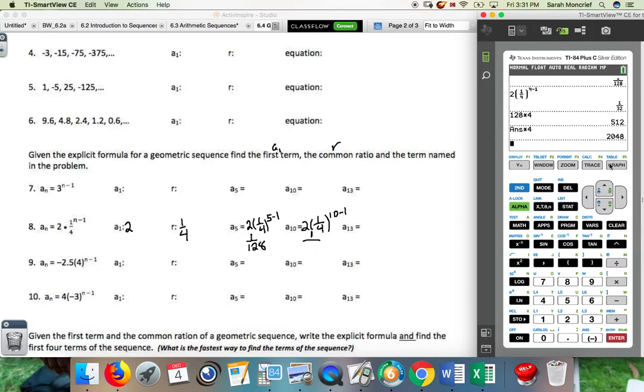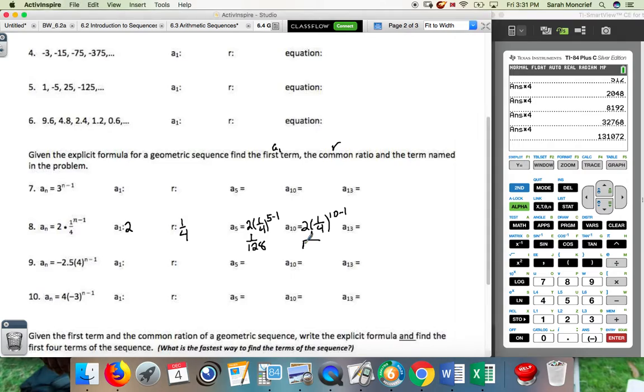There's the 7th term, times 4. There's the 8th term, times 4. There's the 9th term, and times 4. And here's the 10th term. So it's going to be 1/131,072. Alright, and now I want to find a sub 13.